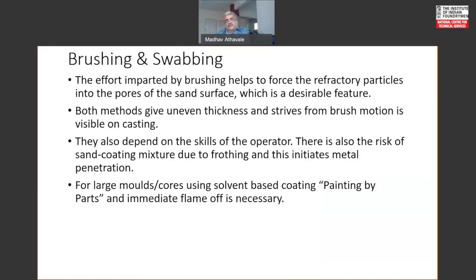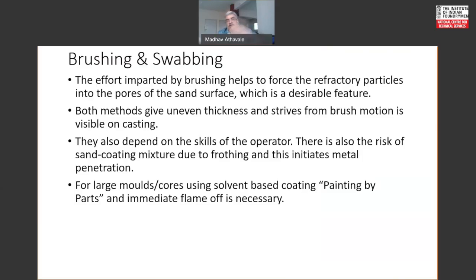If for some reason you are required to use solvent-based or spirit-based coatings for large molds and cores, then a technique called painting by parts has to be used. It is very important that after the coating has been brushed or swabbed, you should immediately light it off so that the binder in the coating becomes effective and the coating will adhere to the surface of the mold or core properly.